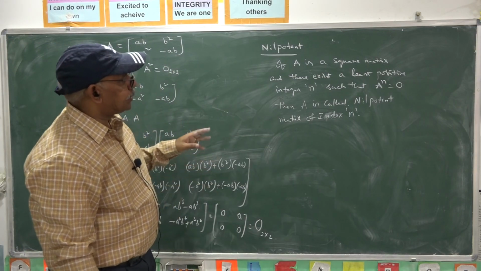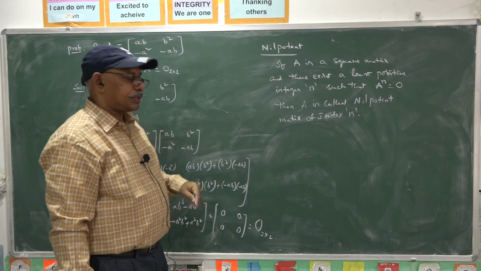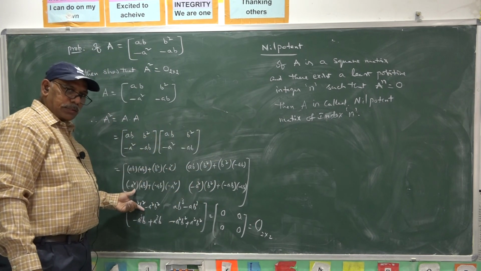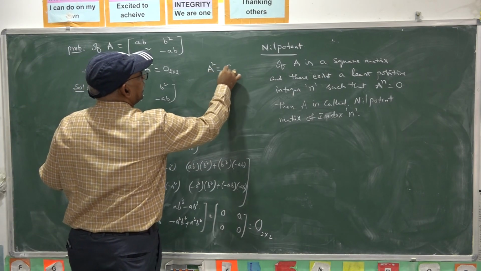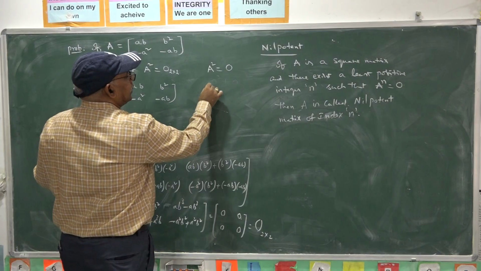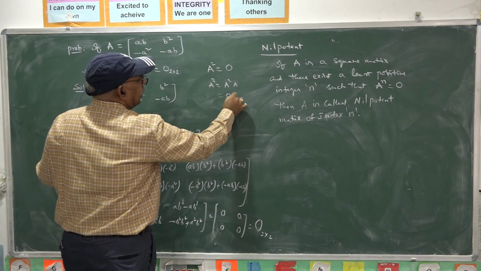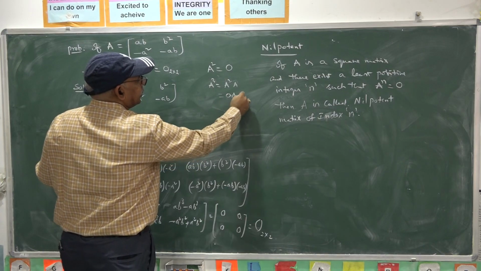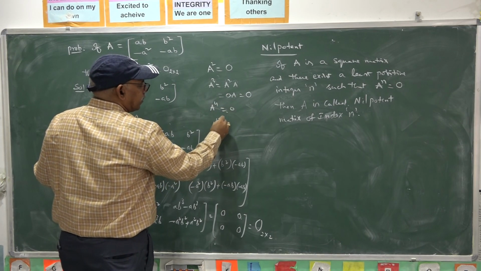If there exists the least positive integer, you have to consider the least positive integer. Moreover, here in this example, you can observe that once A square is the null matrix, then A cube is also a null matrix because null matrix into A becomes null matrix, and A power 4 null matrix, A power 5 null matrix.